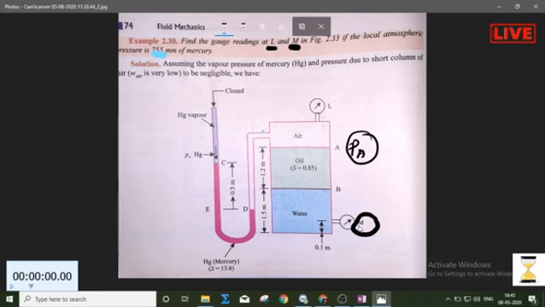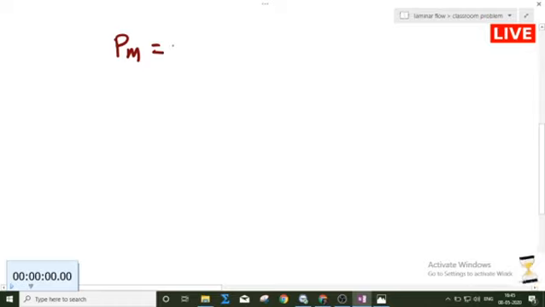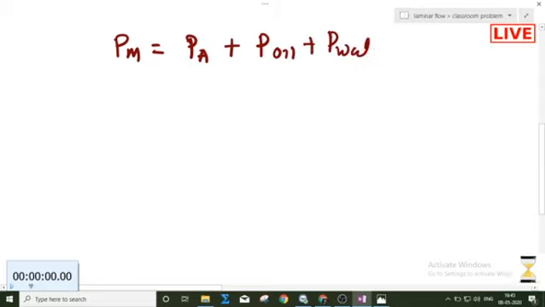I'm repeating: the pressure at this point is PA plus the pressure exerted by the 1.2 meter head of the oil plus the pressure exerted by the 1.5 minus 0.1 head of the water. So now I am doing that: pressure at point M equals the pressure at point A plus the oil pressure plus the water pressure.